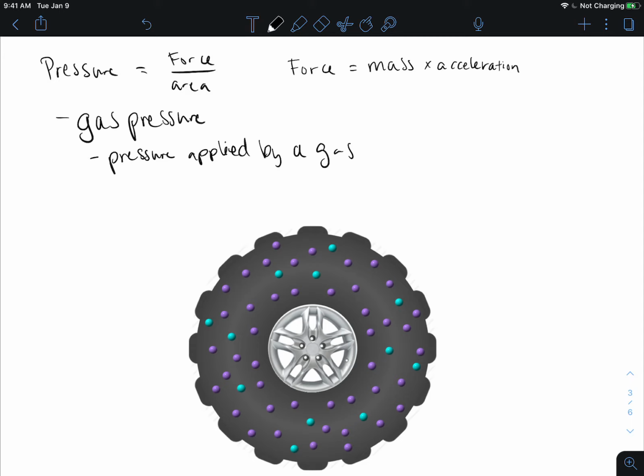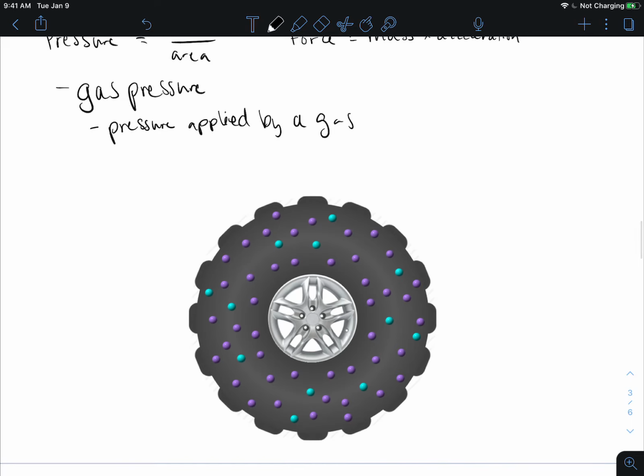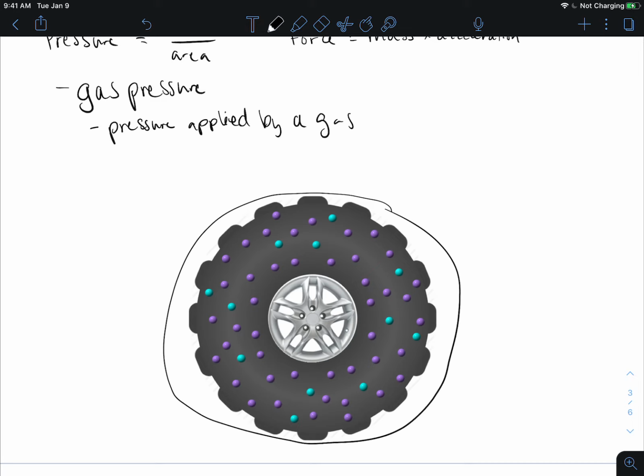So for instance, if we get more gas particles within, say, a tire, the more gas particles we add in, the greater the pressure, because we're applying a greater force over a smaller area as we have more and more particles. And if we heat up a gas, heating up a gas is going to cause that acceleration to go up.